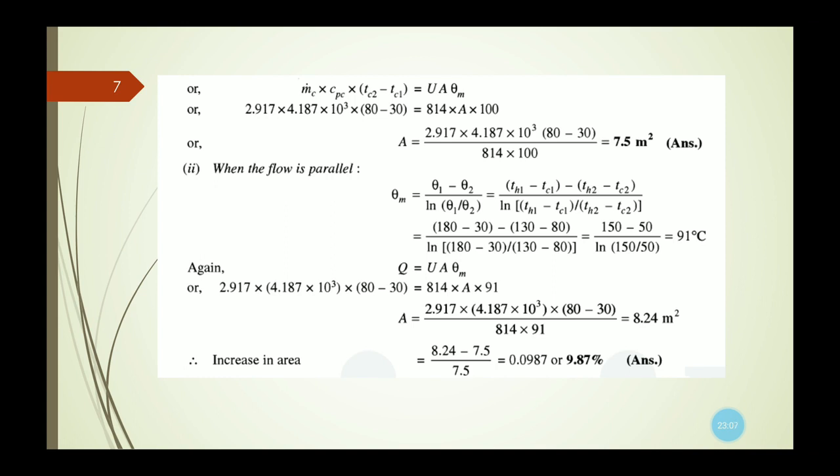In case of parallel flow, the surface area is greater than 7.5, it is 8.24. So the percentage increase considering the parallel flow concept is 9.87%. These are the steps. So using the concept of parallel flow and counterflow, we have calculated the surface area for the heat exchanger in this case.